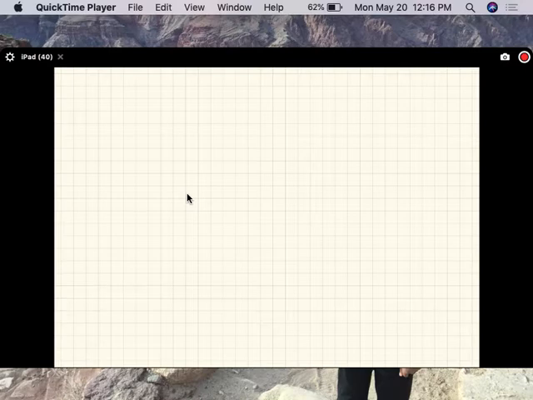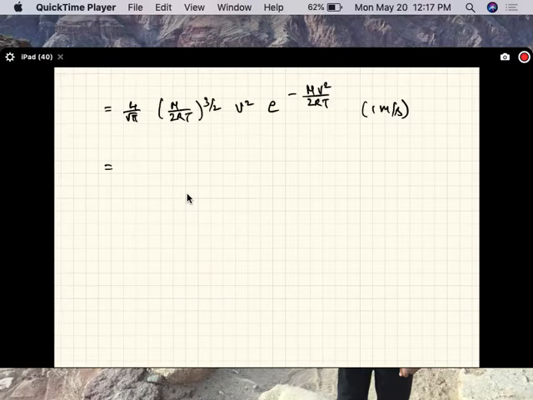All right, now let's evaluate this. The molar mass of nitrogen is 28 grams.